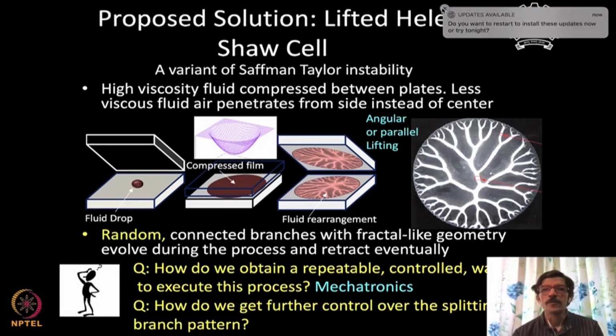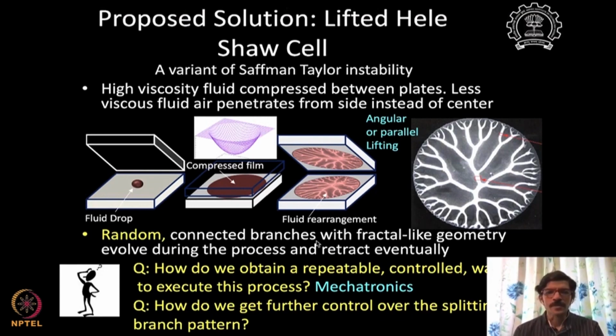So you have to consider questions like how do we do this process of squeezing and then opening up, either the angular way of opening up, or the straight parallel way of opening up. What you saw in the video is the angular way of opening up. How do we carry this out repeatedly in exactly the same manner?